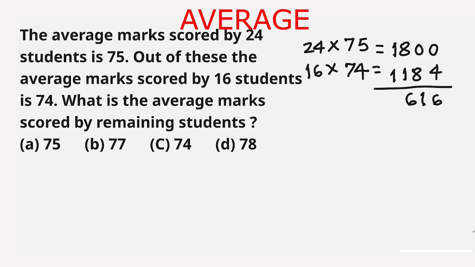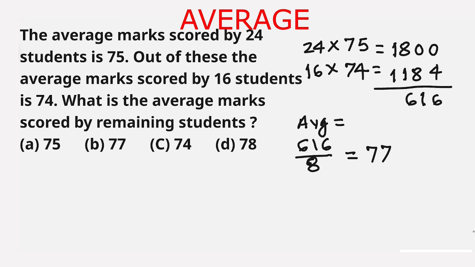So the average is equal to 616 divided by 8. 8 divides 61 for 7 times. 8 times 7 is 56. 61 minus 56 is 5. We carry 6. It becomes 56. And 8 divides 56 for 7 times.